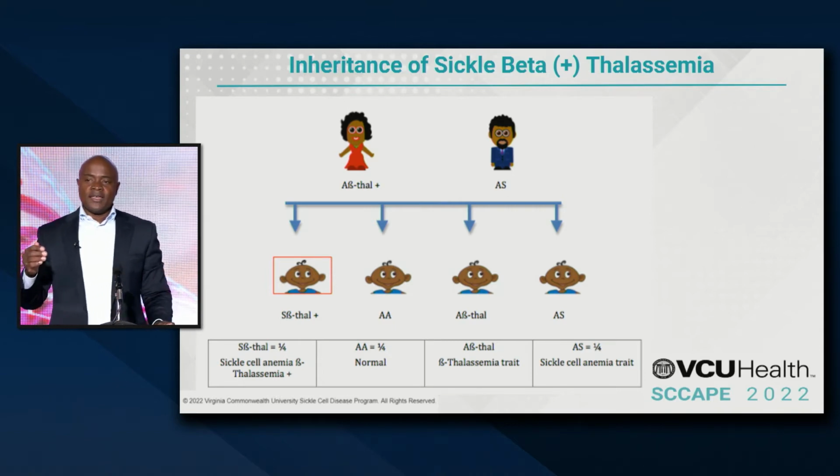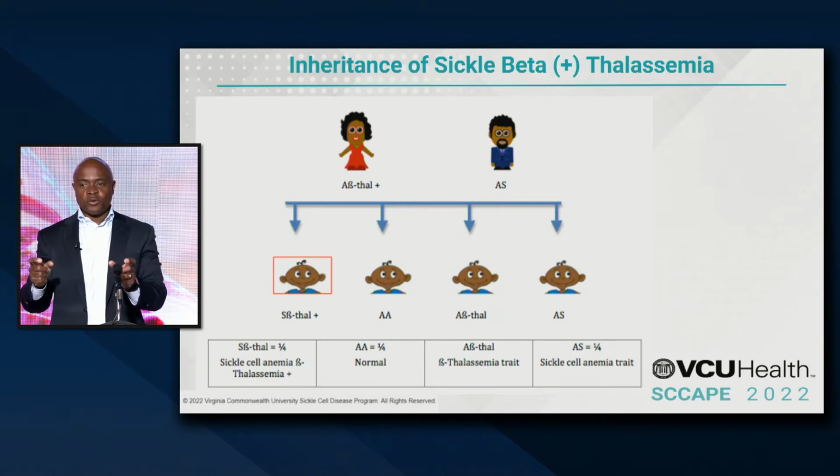So there is a variant of sickle cell disease called sickle beta plus thalassemia. And again, you can map out the risk of a child being born with that really the same way we did all of the other examples, looking at sickle cell trait and beta plus trait.